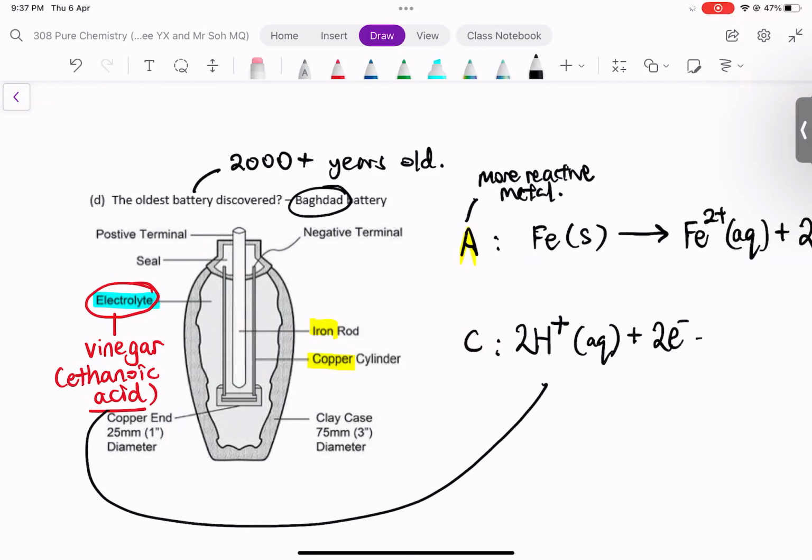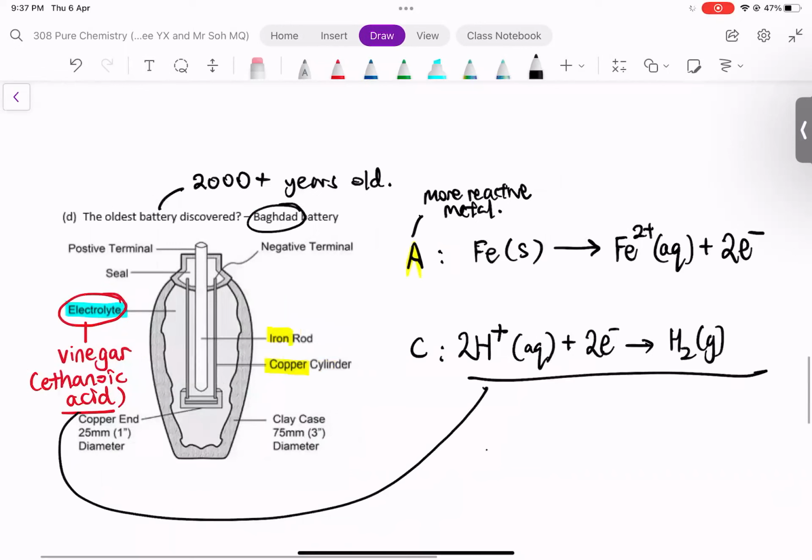So the ancient civilizations had made use of vinegar, poured it into the battery. Vinegar contains H+, therefore it forms hydrogen gas. And this is wonderful because vinegar is so readily available. This battery works just by pouring vinegar in. All right, that's how amazing it is.